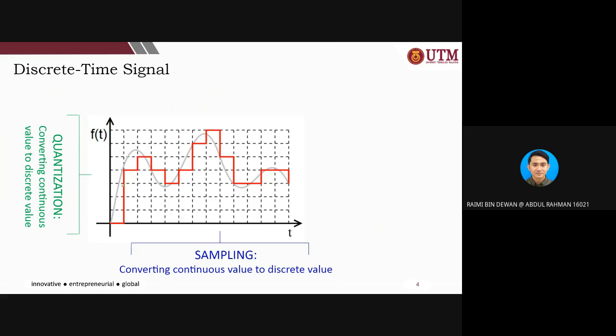If you see here, the original analog signal looks like this, but the resulting discrete time signal is like this. They cannot mimic the analog continuous signal 100% because we have applied sampling and quantization to it.